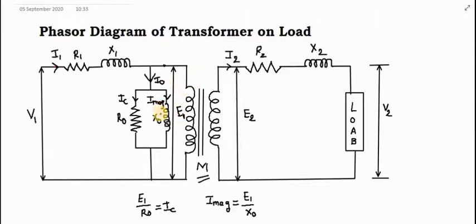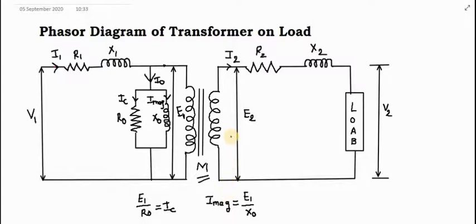Similarly, to take into account the no load current I0 of the actual transformer, a shunt circuit consisting of R0 and X0 is introduced such that E1 upon R0 is equal to the core loss component of the no load current and E1 upon X0 is the magnetizing component of the no load current.